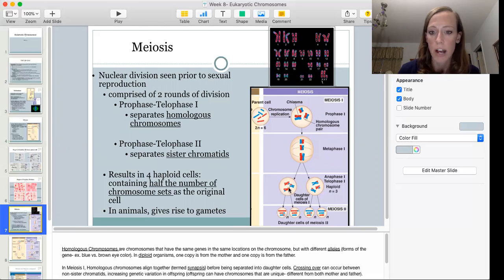So now you've got this sister chromatid being distributed to one daughter cell, the other sister chromatid being distributed to a second daughter cell, and then the same for the other product of meiosis 1. This will undergo another division, and you've got 4 daughter cells that each have distinct genetic information from the parent cell and distinct genetic information from each other, okay?